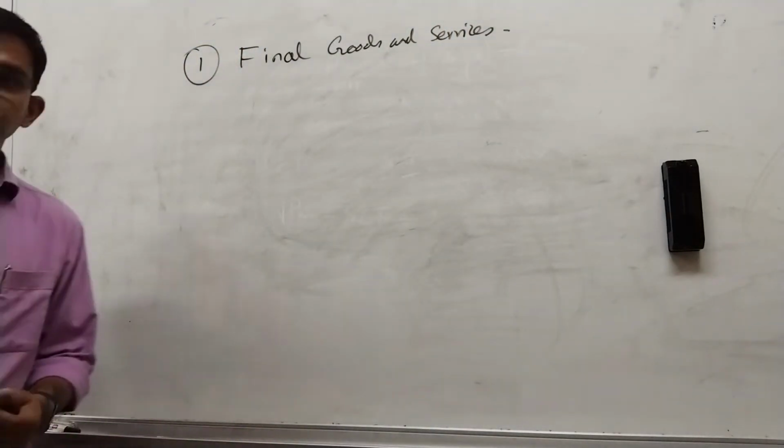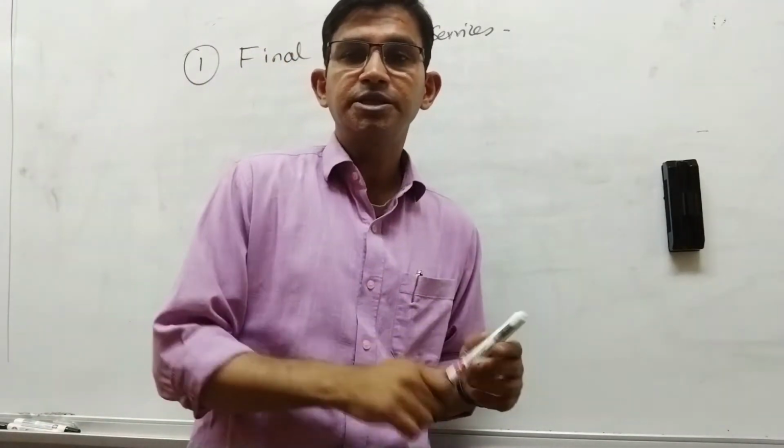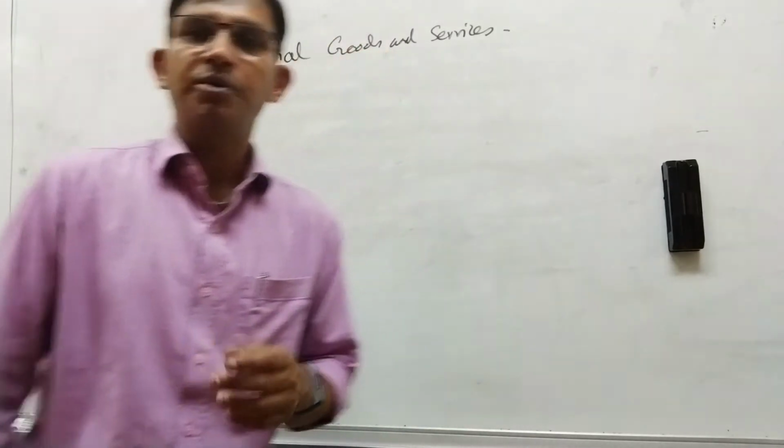If we also consider the intermediate goods and services, that will create the problem of double counting.